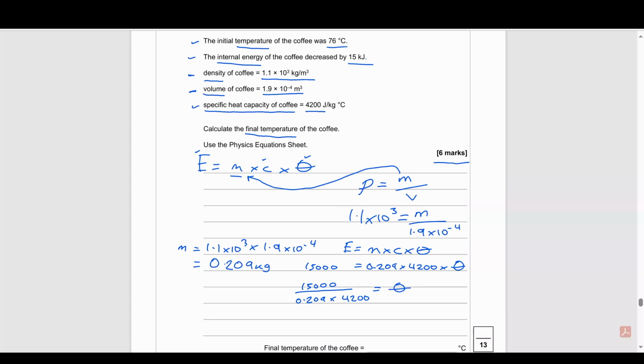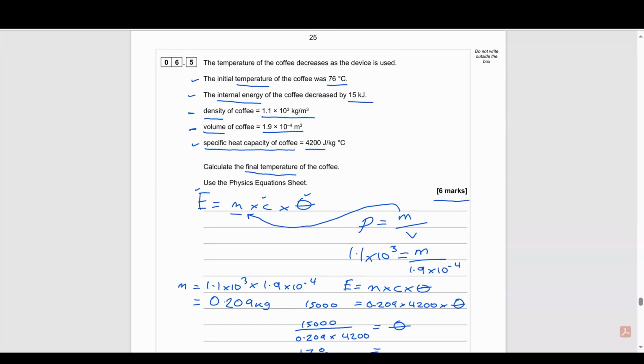So putting that into our calculator now, we'll get a temperature change value of 17.088. Continuing, but to make it easy, we're going to just use 17. So putting that to two significant figures, our temperature change right now is 17 degrees C. It said though that our initial temperature was 76 degrees Celsius.